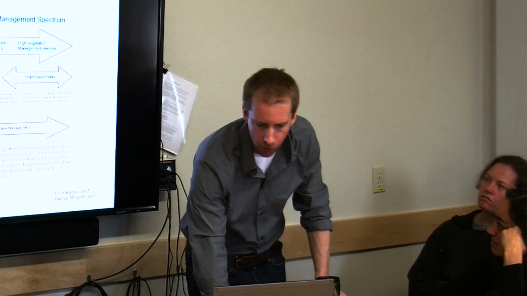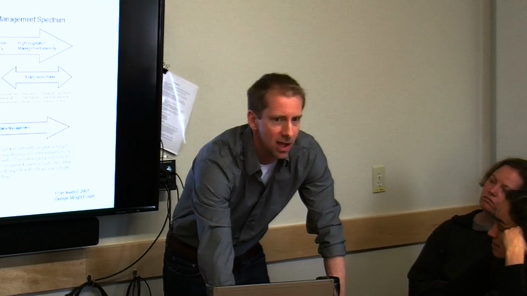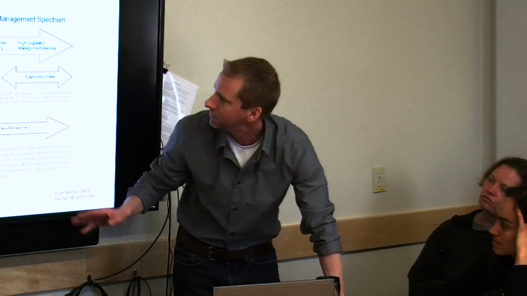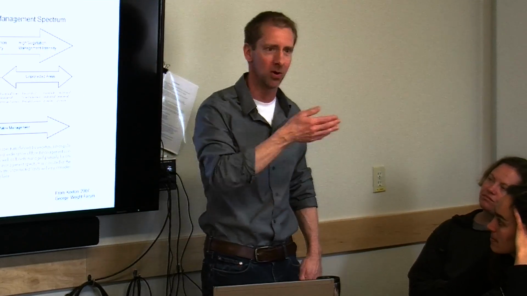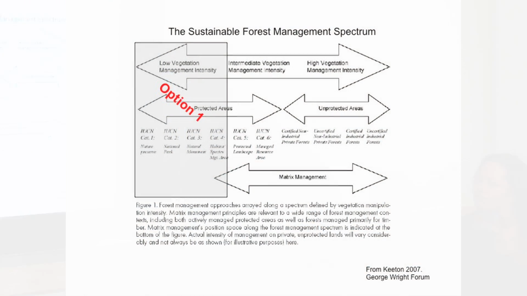And if we look at how the forest carbon debate is playing out, it pretty much aligns itself exactly along that same spectrum. And dare I say that individual people are actually still in the same places along that spectrum that they were 20 years ago. So we've got option one over here at the protected areas end of the spectrum.